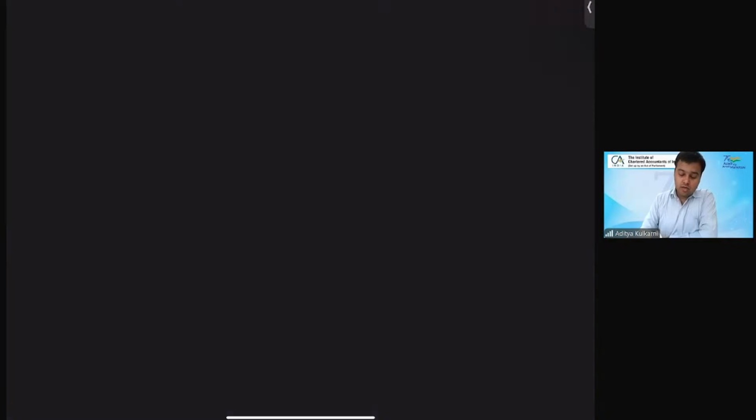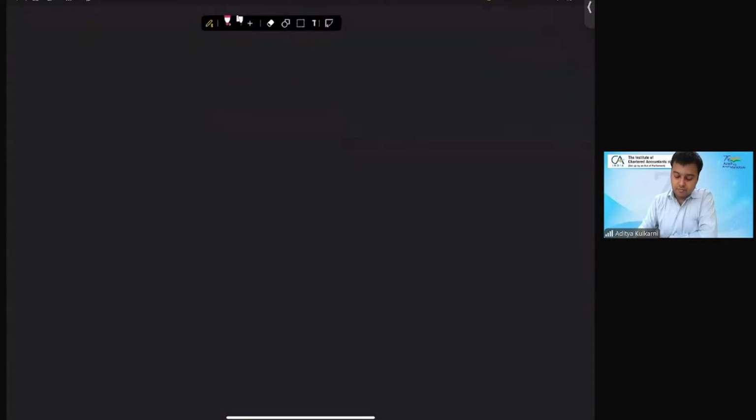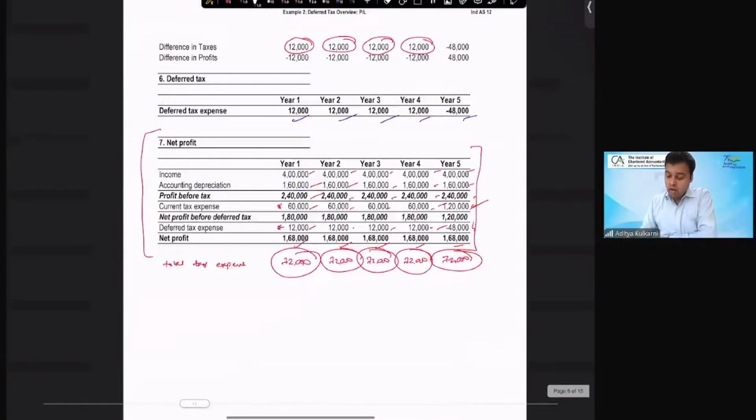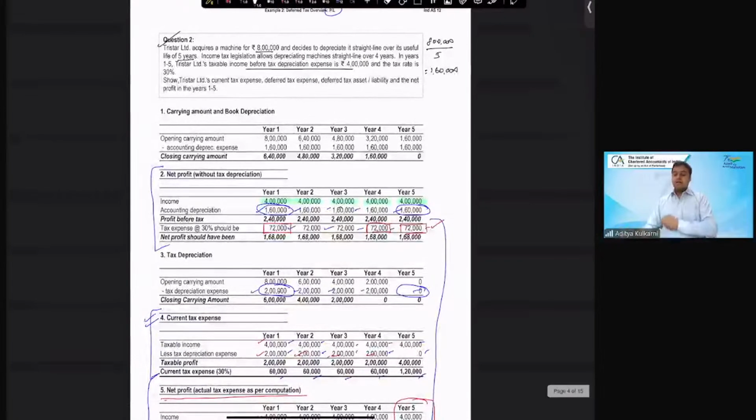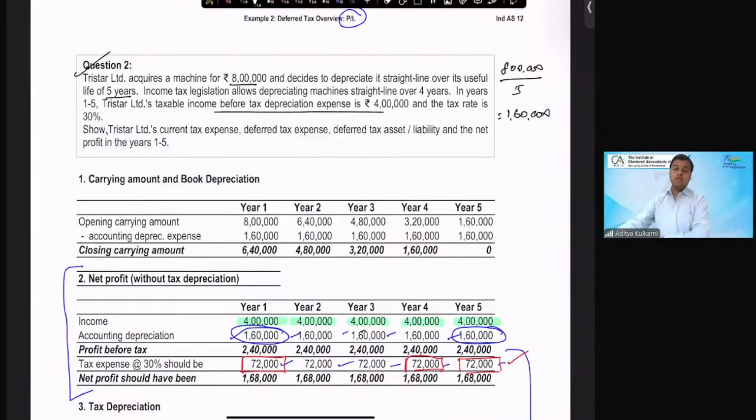Okay. So let us quickly run through that question. TriStar Limited acquires a machine for 8 lakhs, decides to depreciate it straight line over its useful life of 5 years. Income tax legislation allows depreciating machines straight line over 4 years.